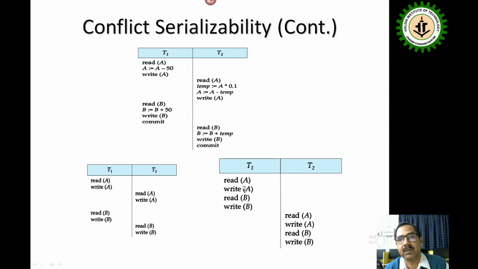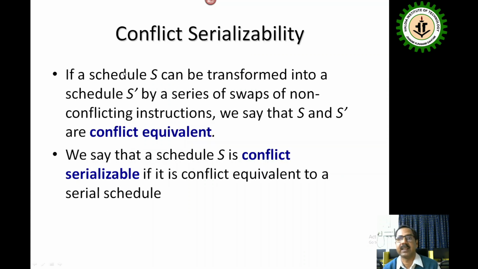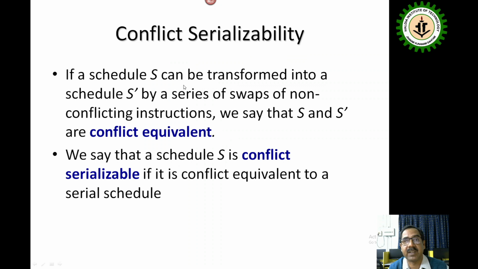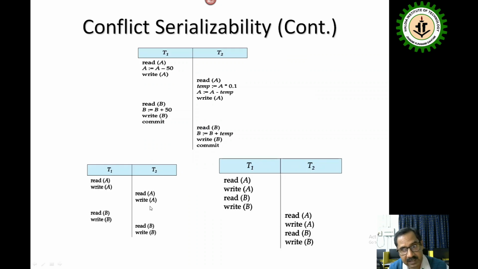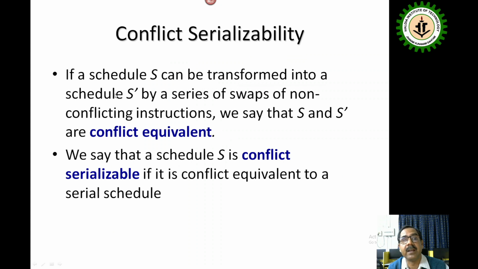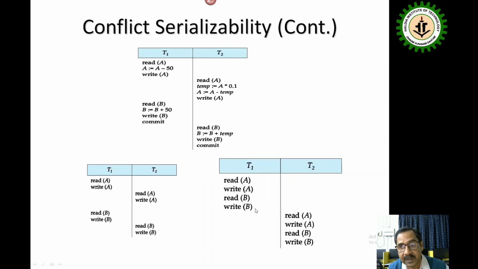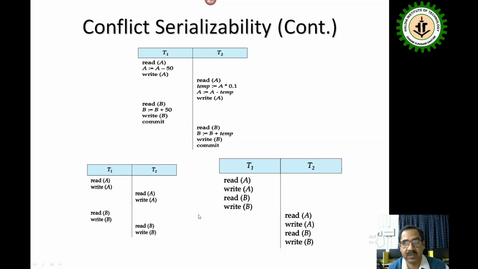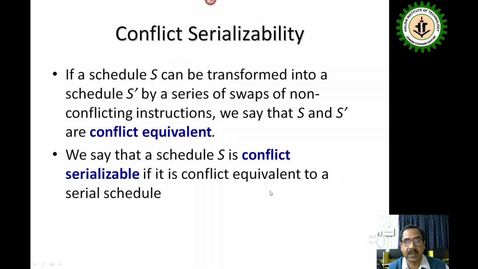So if a schedule S can be transformed into a schedule S prime by a series of swaps of non-conflicting instructions, we say that S and S prime are conflict equivalent.